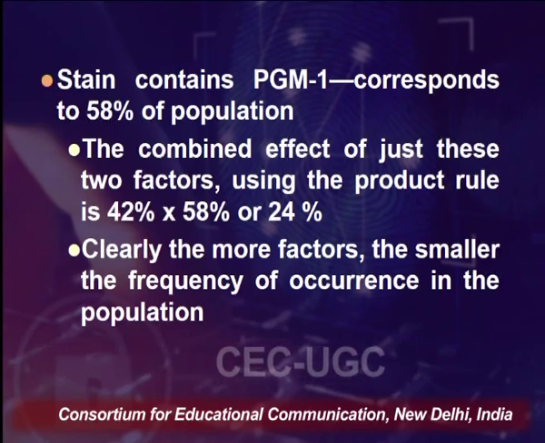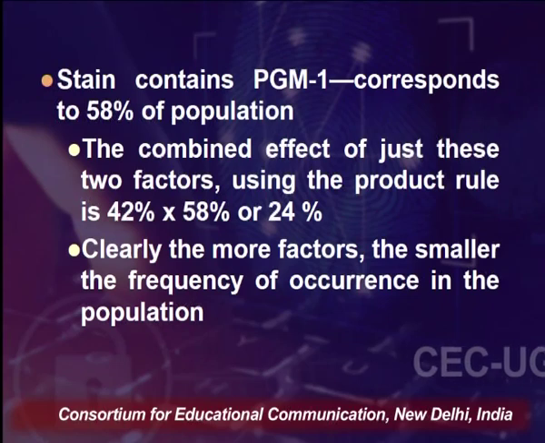Clearly, if we add more factors, the frequency of occurrence in the population becomes smaller. Using the ABO blood group and various enzymes, the presence of these in the population will help us know the frequency of occurrence, and using this we can associate whether this blood belongs to a particular person or not.